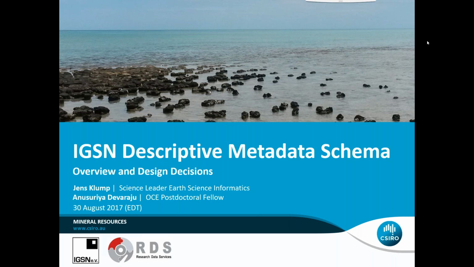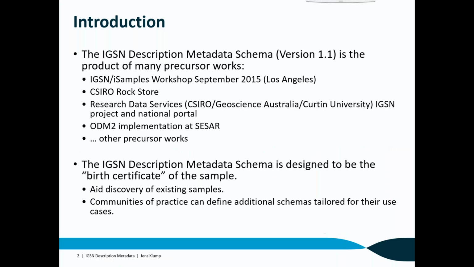So what is this whole thing about? To give you a brief introduction, the IGSN Descriptive Metadata Schema is the product of many precursor works, for instance the IGSN iSamples workshop held in September 2015 in Los Angeles, and the work we did here in Perth on the CSIRO rock store.